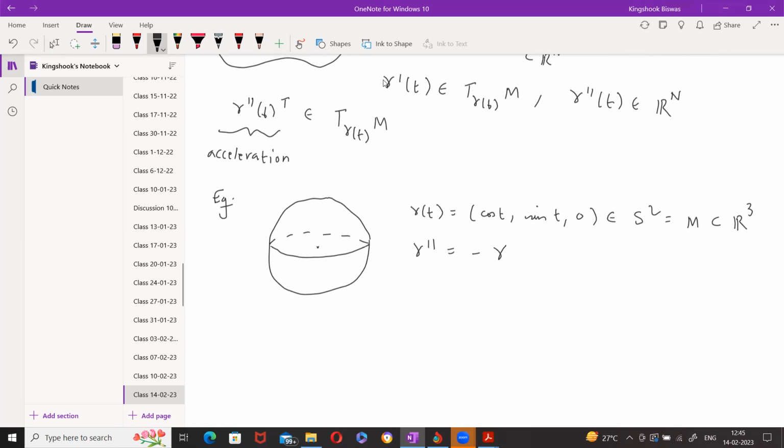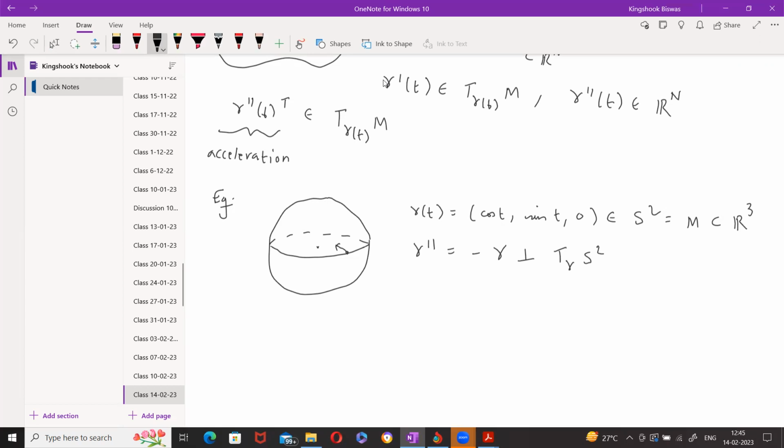And minus gamma is perpendicular to the tangent space to S2 at gamma, at any point. So the acceleration is going to be, it's your physics, it's the, what do you call it, centrifugal or centripetal force, right? When you move in a circle, the acceleration points towards the center of the circle, right?